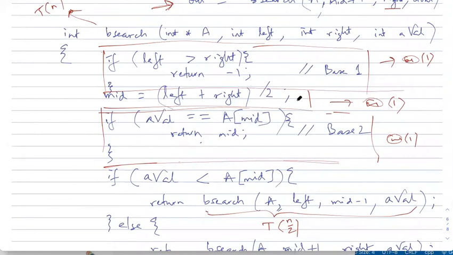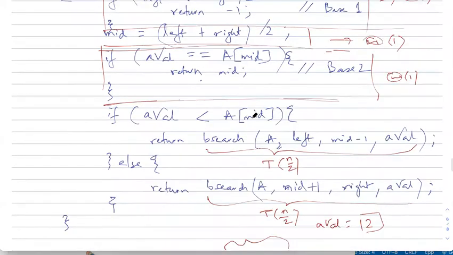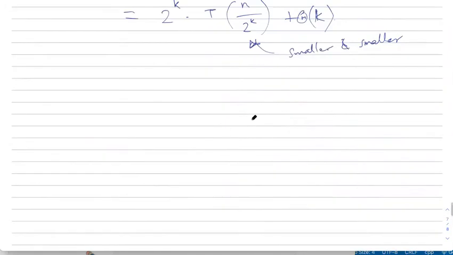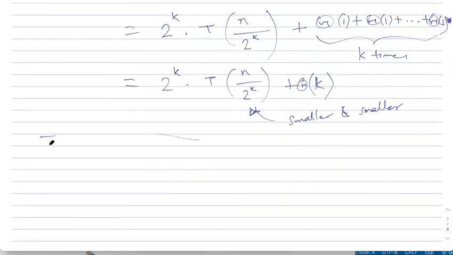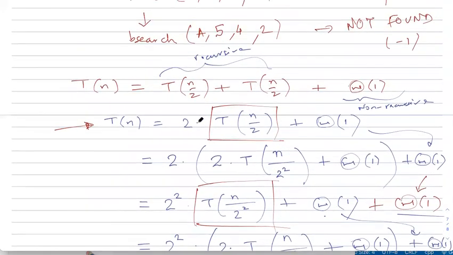When the number of terms here is equal to 1, what will be the complexity? It's going to be order of 1, right? When you have only one element. So we know that T of 1 is equal to 1. This is a very important factor. T of 1 is theta of 1. This is going to help us solve this recurrence relationship.